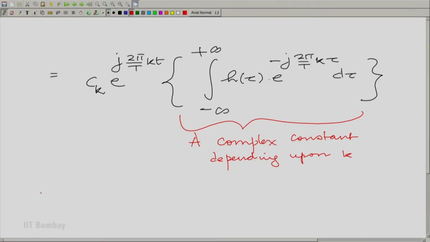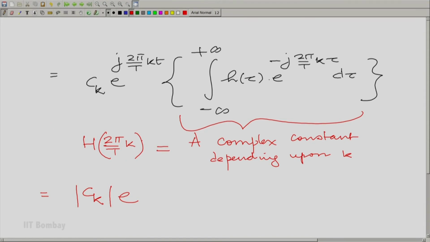Let us write that down explicitly in the expression that we have been writing. I am writing it very clearly in a different color, mod c_k, and we will give this complex constant a name. We call it capital H, evaluated at 2 pi/T k, where we could use a different symbol for this whole argument.